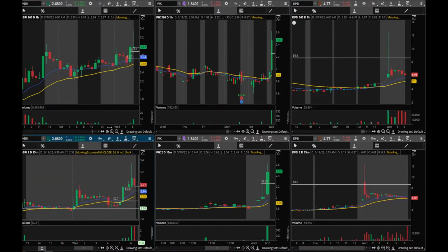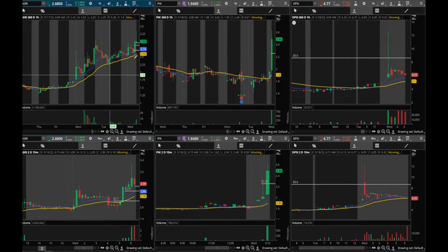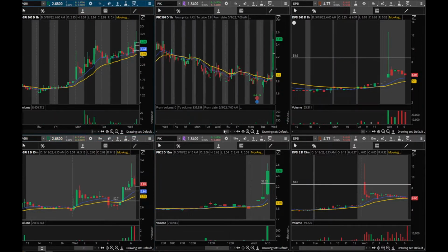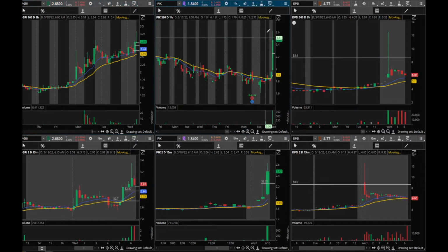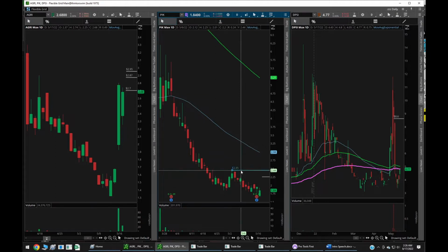Looking at the longer time frames, here's the 15 minute and hourly. The hourly time frame is in an uptrend. Big breakout on PIK. Could look at the daily right here. Trading at 2.60 right now, so there is a daily level, and I'm going to actually mark that.